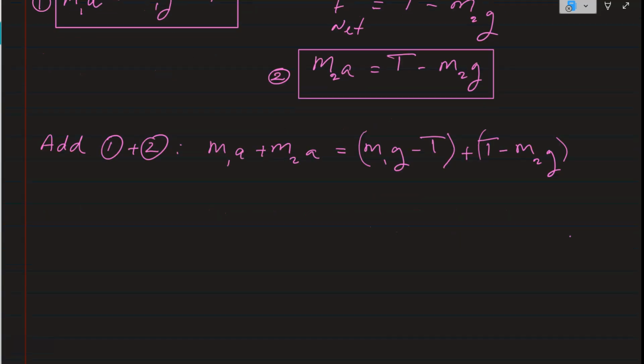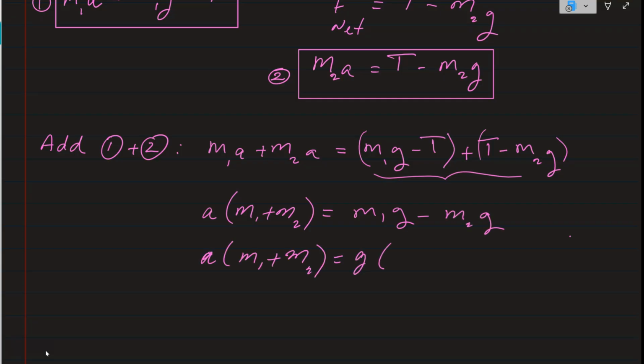Okay, we're going to polish this. We're going to factor a out of the left hand side, M1 plus M2, and then when we simplify that, we'll get M1g minus M2g. We can factor g out, we get M1 minus M2 on the right hand side.